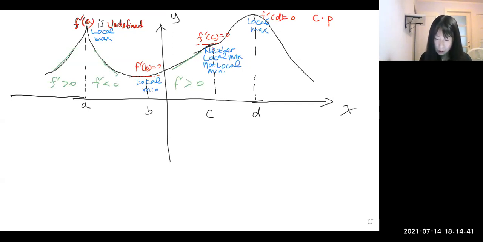The derivative is greater than 0 because the slope is like that, right? Okay. Now after D, f prime is less than 0, right?